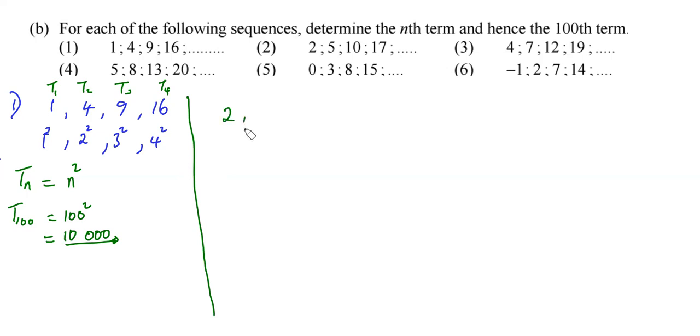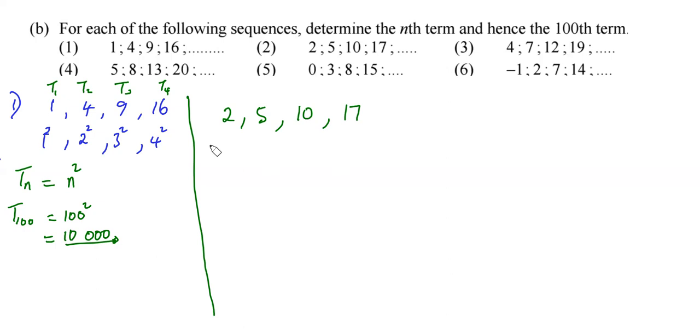Let's have 2, 5, 10, 17. How do we get these values? Let's try to think together here. What can we do to get 2? What can you also do to get 5?